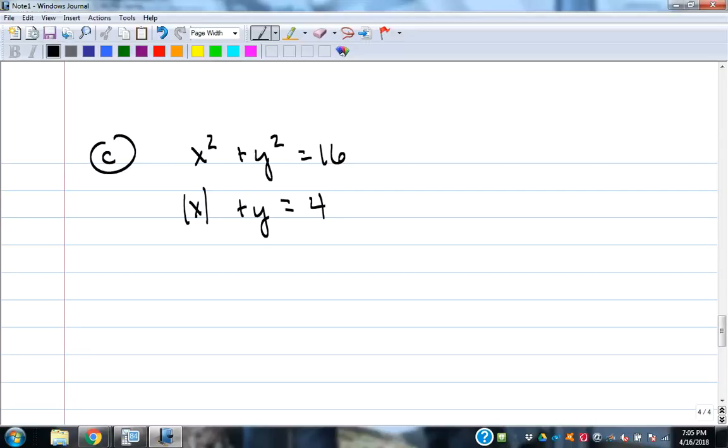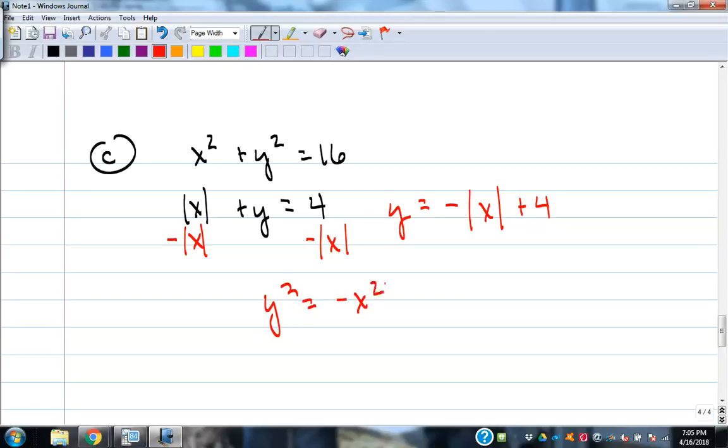Okay, so what if we just tried to do this one graphically and got y by itself? The second one's really easy to get y by itself. You just subtract the absolute value of x, and there you get y is equal to negative absolute value of x plus 4. The first one takes a little doing, but you can get y squared is equal to negative x squared plus 16 by just subtracting x squared.